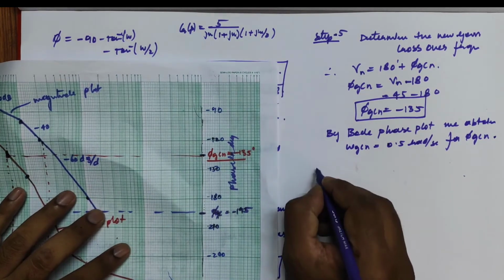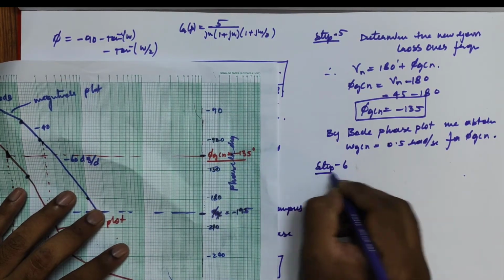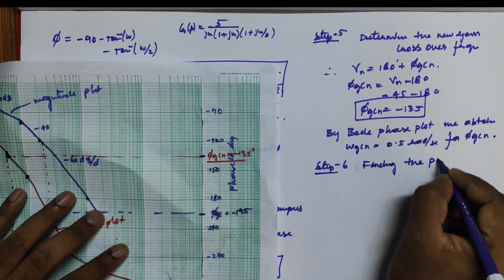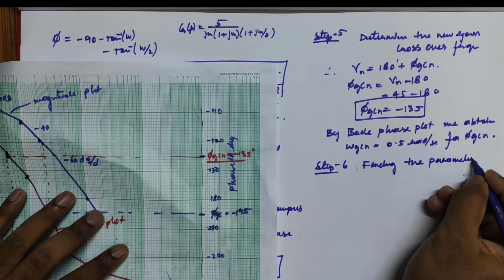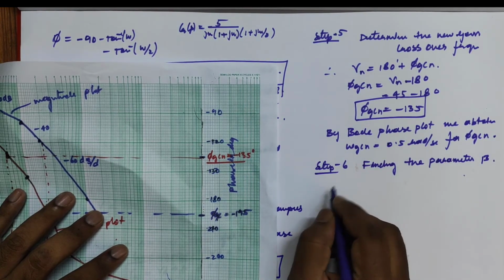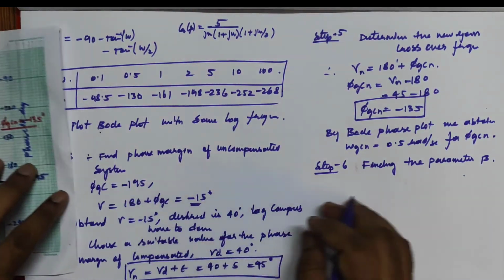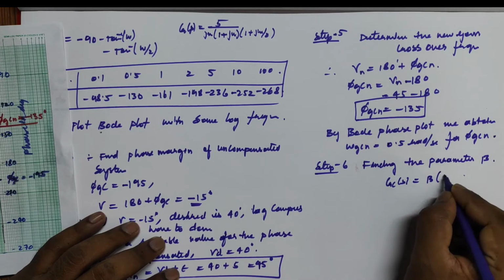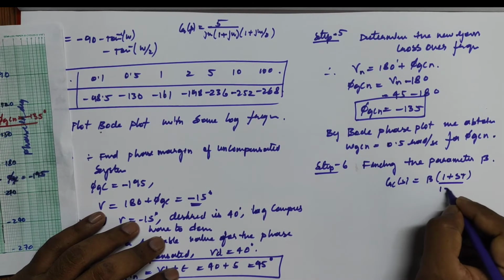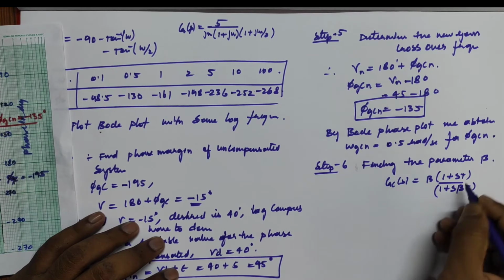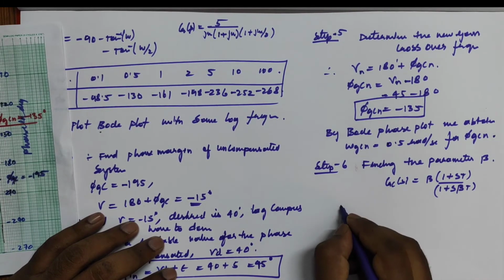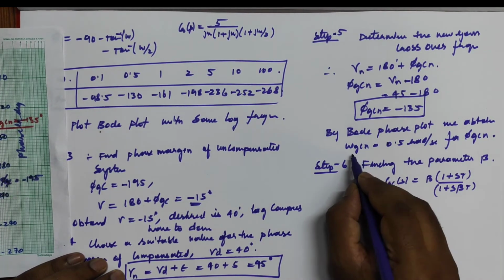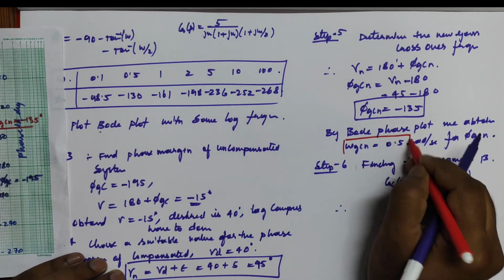So step 6 is finding the parameter beta. For the lag compensator, we have the transfer function GC of S equal to beta into (1 plus ST) by (1 plus S beta T). Now our job is to find beta and T values. To find parameter beta, we have the new gain crossover frequency 0.5.